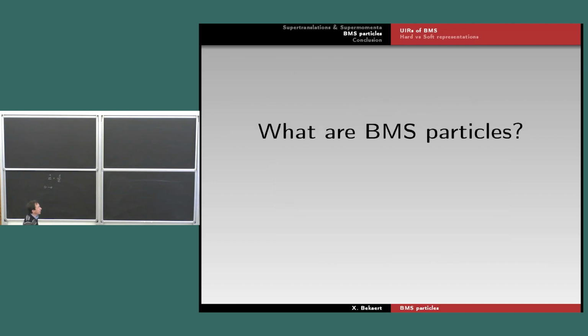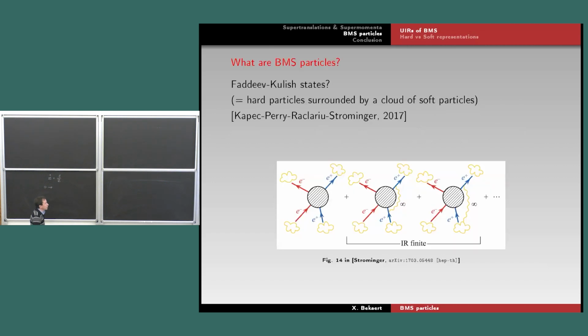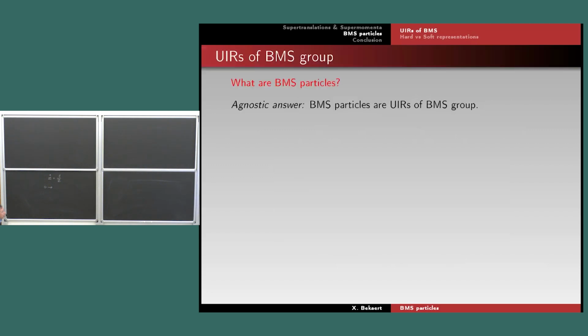So the big question is, like in the title, what are BMS particles? There are various proposals, like the Faddeev-Kulish states and so on, the cloud of soft particles. That's all good, but here the idea is to take a very agnostic answer and to think about them as unitary irreducible representations of the BMS group.